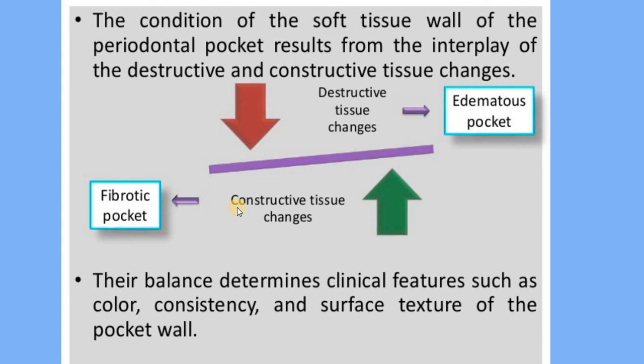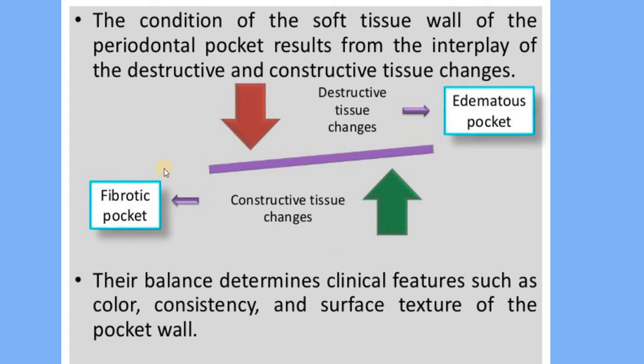for example, color, consistency, and surface texture of the pocket wall. Accordingly, the pocket wall can be either edematous or fibrotic. In the edematous one, if inflammatory fluid and cellular exudates predominate, the pocket wall will be more bluish red, spongy, soft, friable, with a smooth, shiny surface.